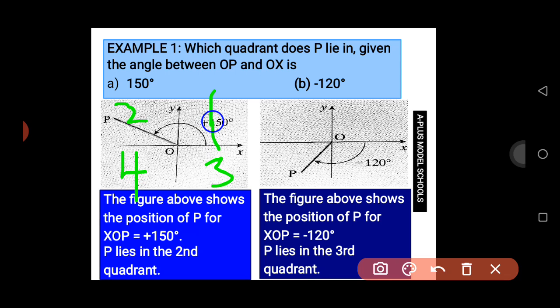From here to here is 90 degrees, and from here to here is also 90 degrees, which makes 180, more than 150 degrees. So the best thing I will do here is to subtract 150 from 180, because from here to here is 180.